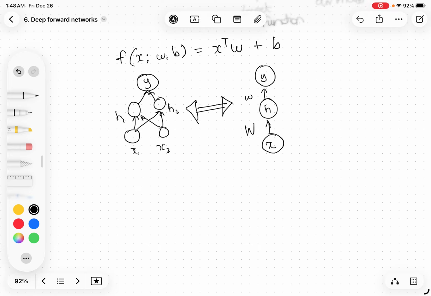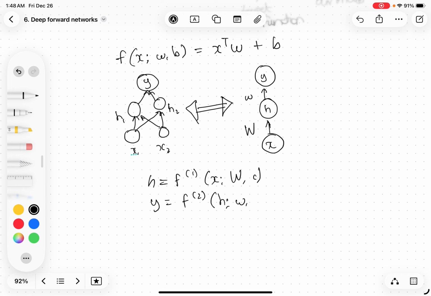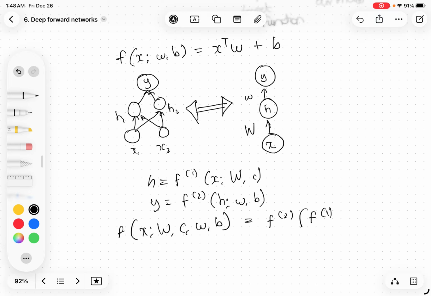The network now contains two functions chained together: h equals f1(x; W, c), and y equals f2(h; w, b), with the complete model being f(x; W, c, w, b) equals f2(f1(x)). It's the overall representation.